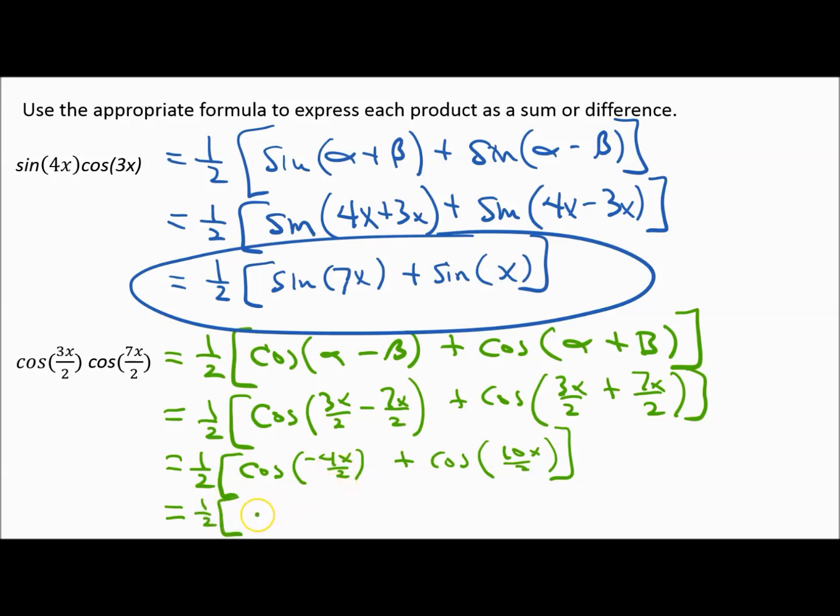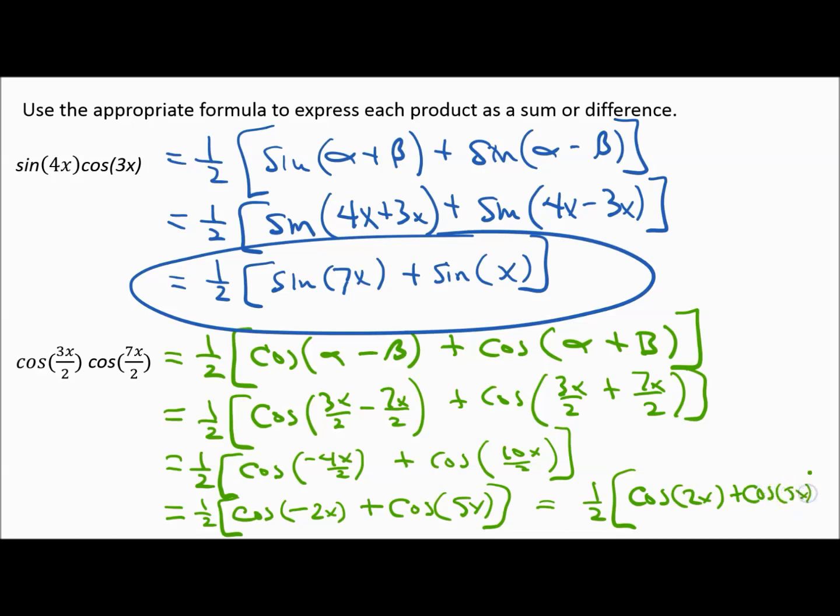So negative 4x over 2 is cosine of negative 2x, plus cosine of 10x over 2 is cosine of 5x. One more thing we can do: cosine is even, so cosine of negative is positive, so this is equivalent to 1/2 times the cosine of 2x plus the cosine of 5x. And that's as good as we can get.